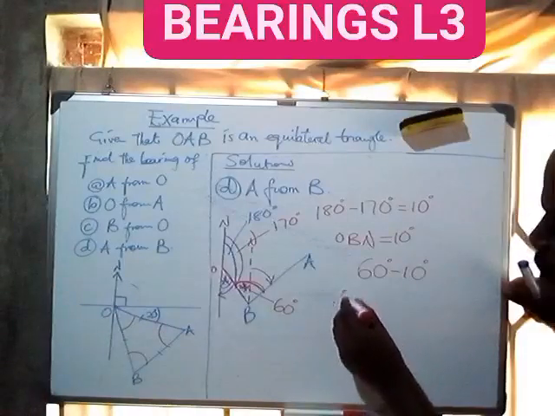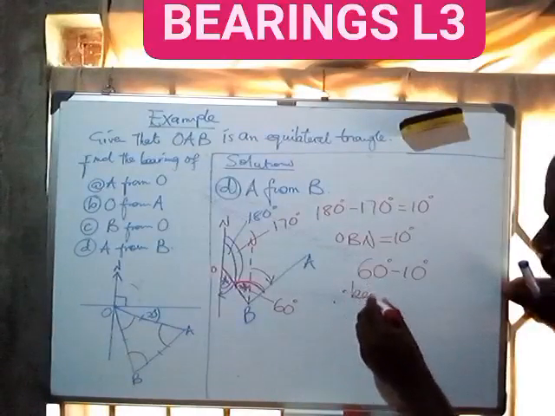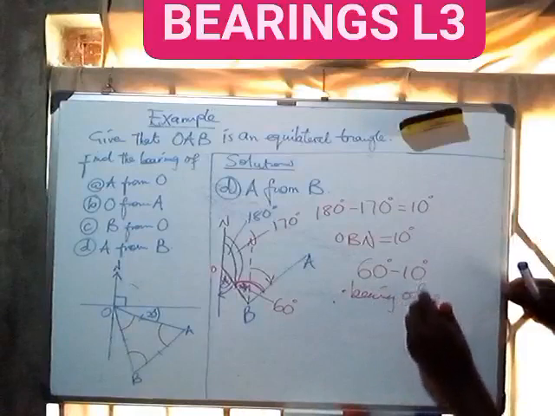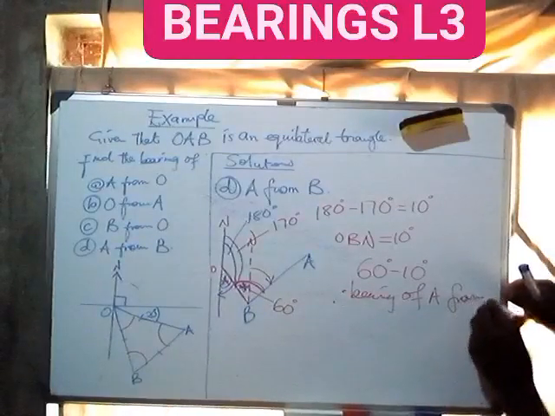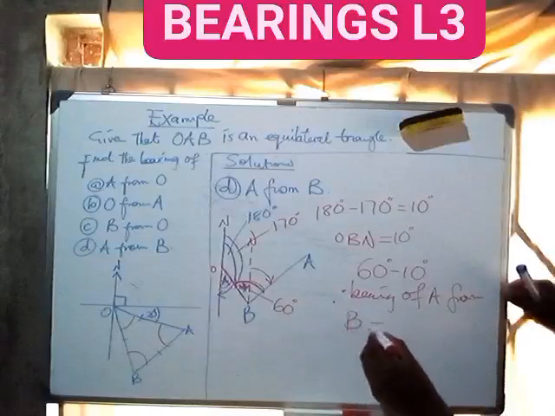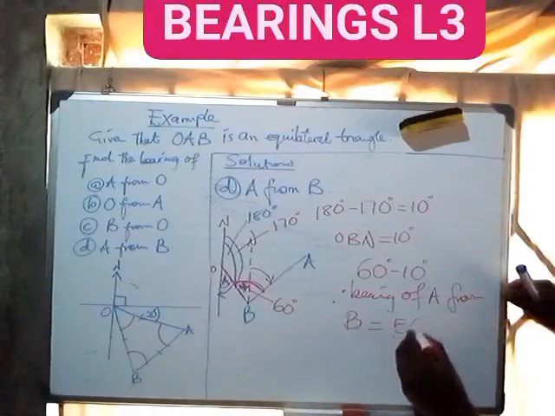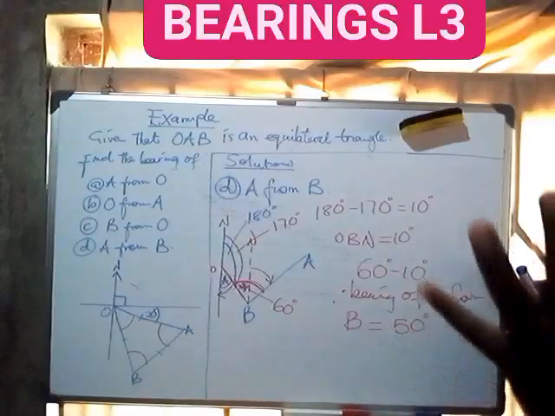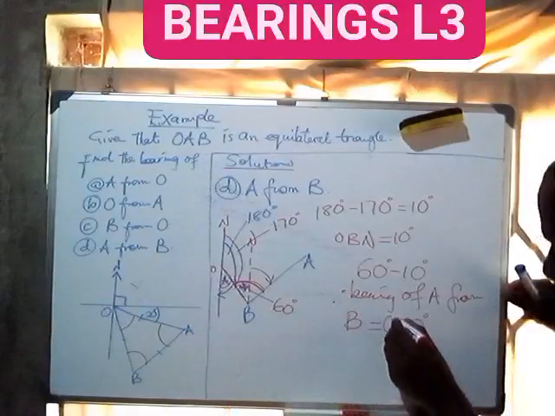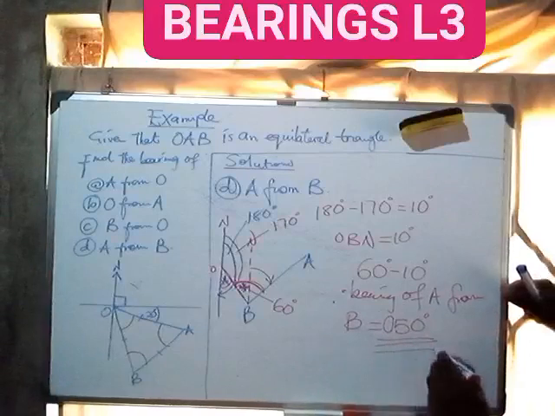So therefore, the bearing of A from B is equal to 50 degrees. The normal way of putting it, since bearings are in 3 digits, is to include a 0 there.